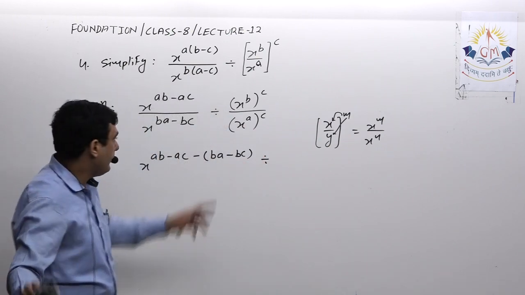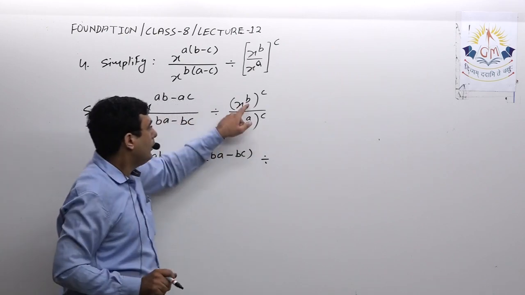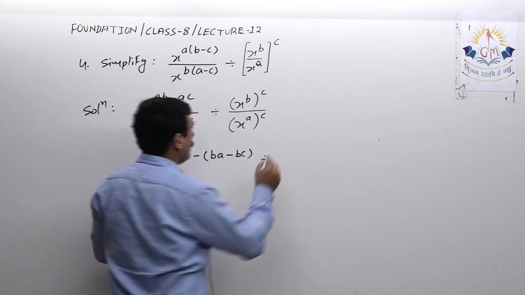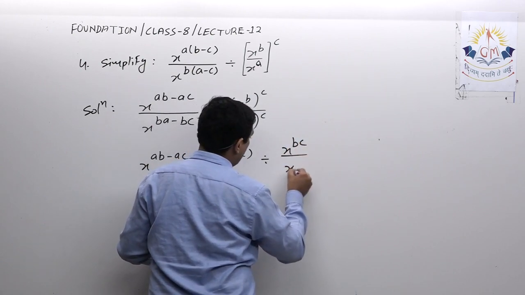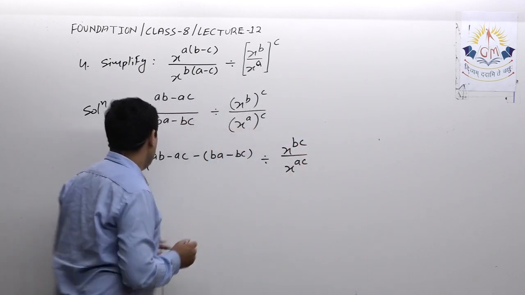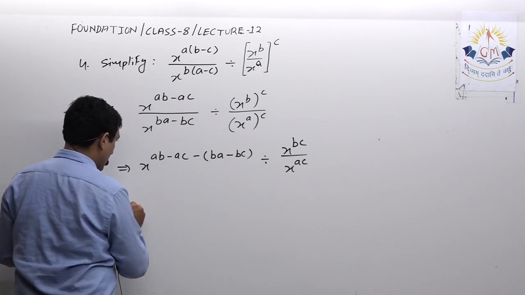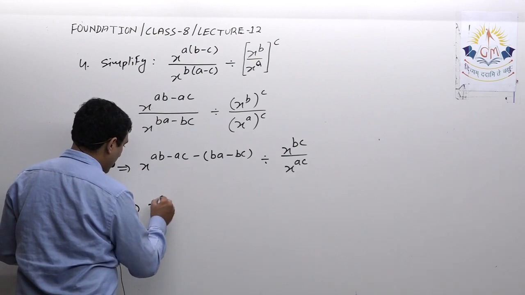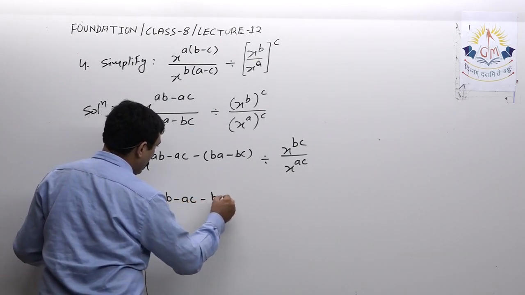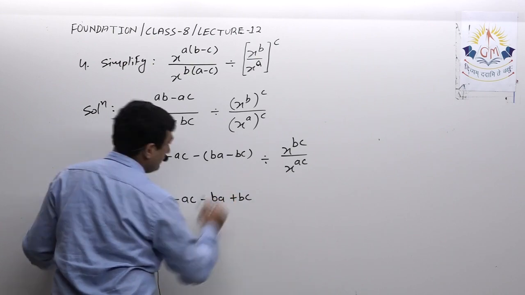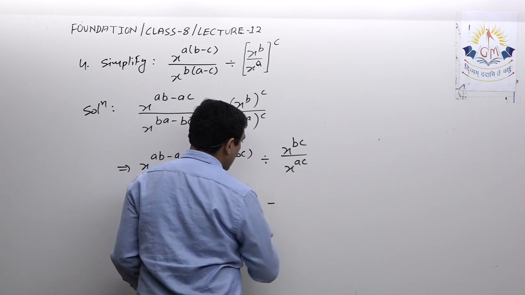Now here again I can apply the quotient law, but before that I should apply the power law, power to power, so this will become x raised to bc upon x raised to ac. Now here I will open the bracket, so what I will get: x raised to ab minus ac minus ba plus bc. Now here again I can apply the product law.